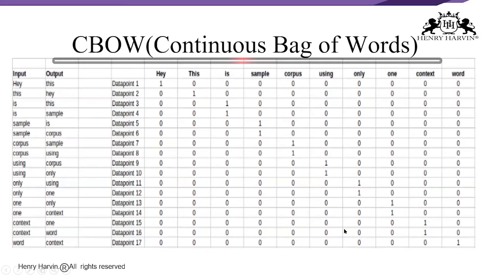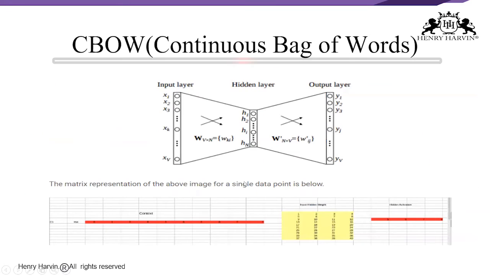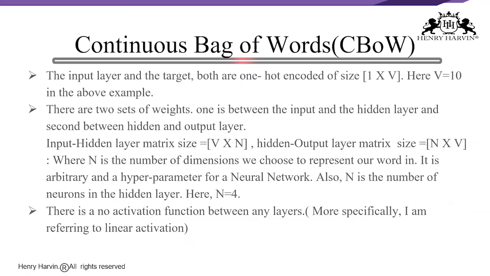The matrix shown in this image can be sent into a shallow neural network with three layers: input layer, hidden layer, and output layer. The output layer is a softmax layer, which is used to find the probabilities obtained in the output layer.